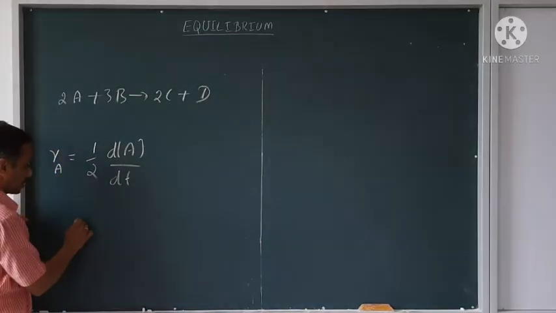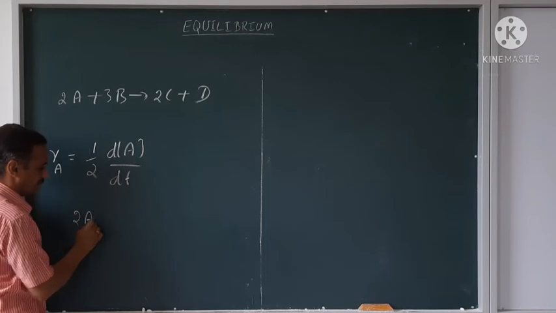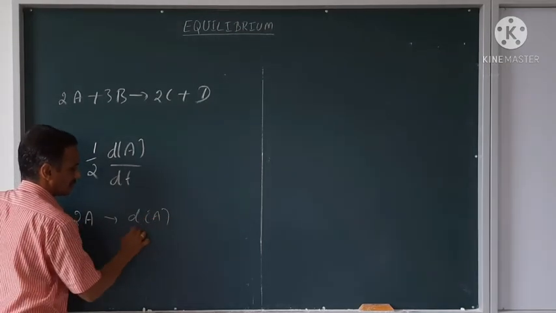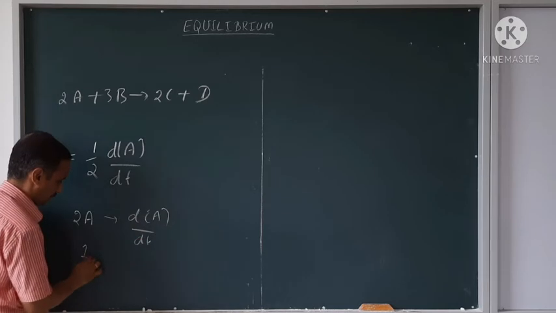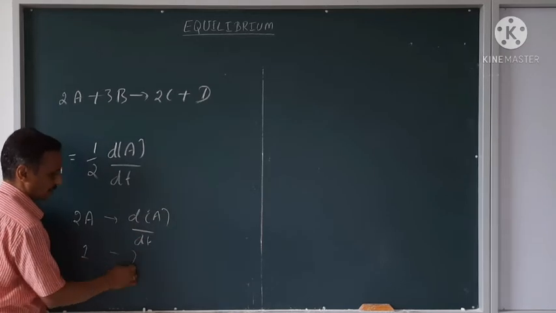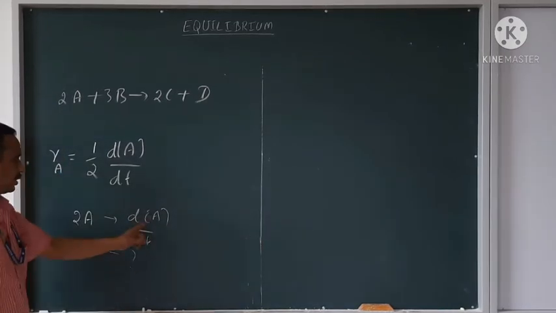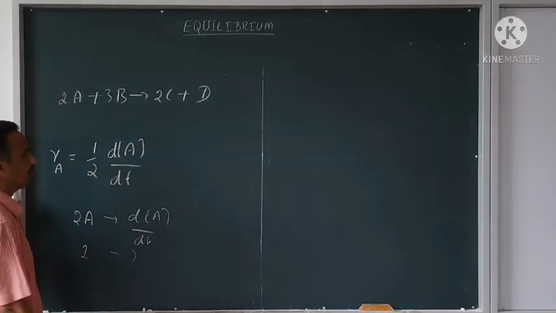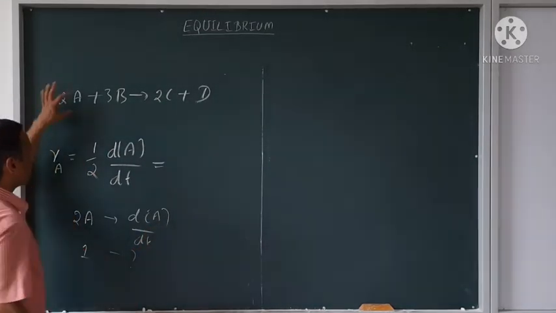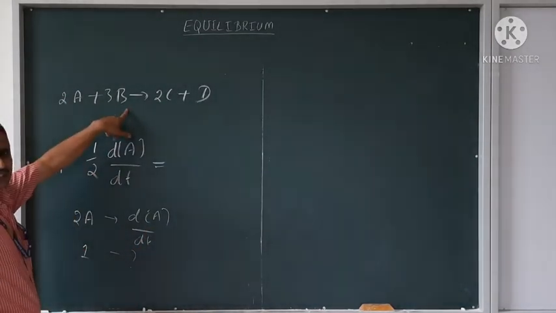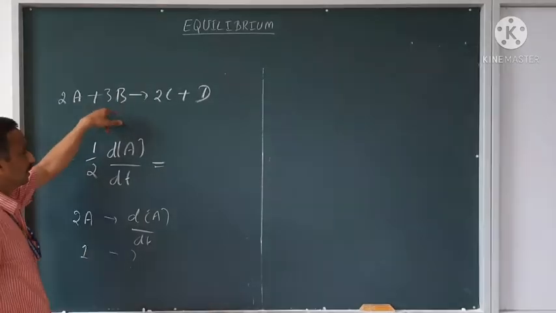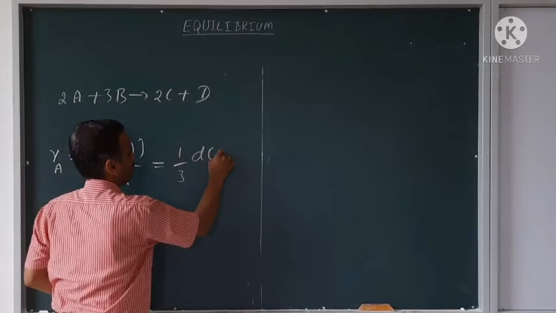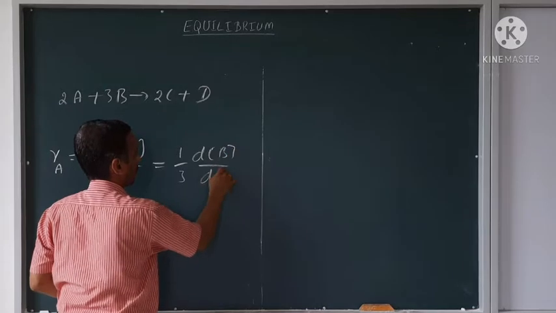Here 2 moles of A gives dA by dt. For 1 mole of A, how much? 1 into dA by dt divided by 2. That is equal to, see how much changes? That is decided by this also, B also, is equal to 1 by 3 dB by dt.